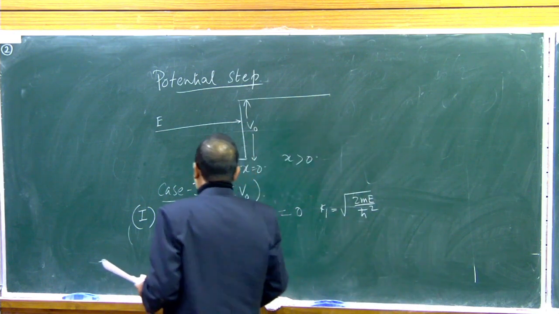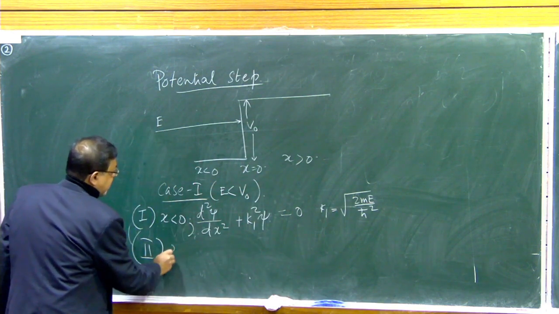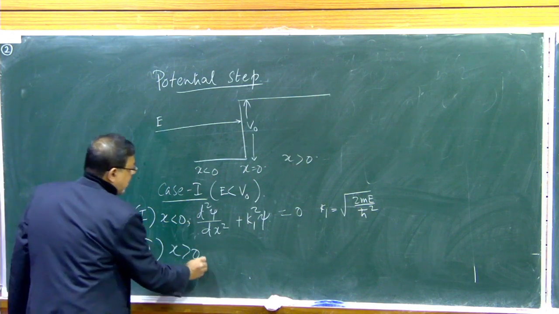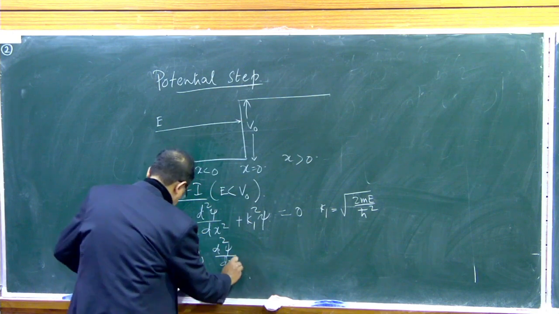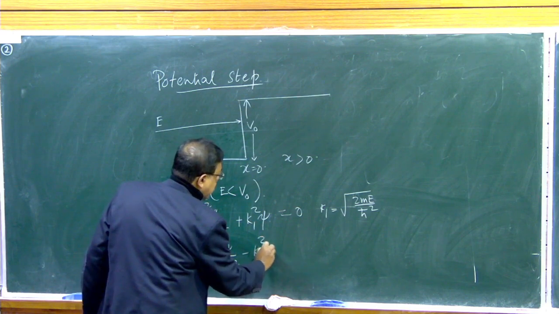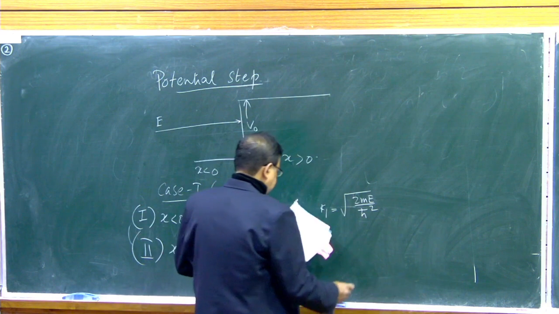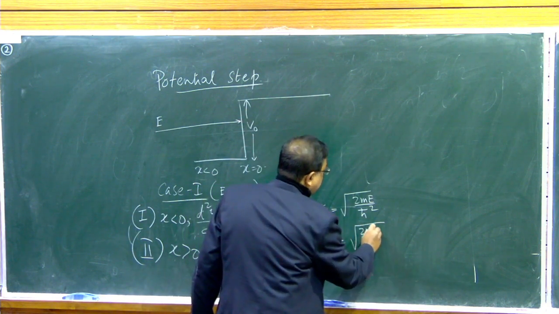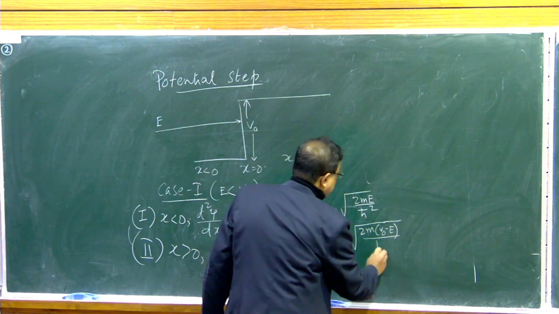Okay, so this region 2 is x greater than 0, and in x greater than 0, you have d2 psi dx2 and there is a minus k2 square psi, where k2 is actually root over 2m (V naught minus E) by h cross square.